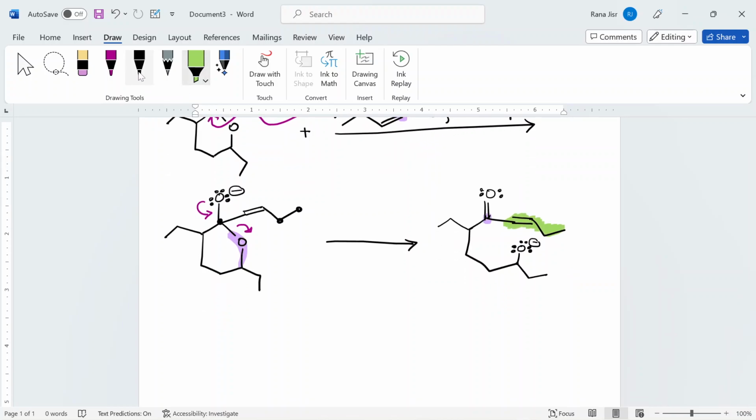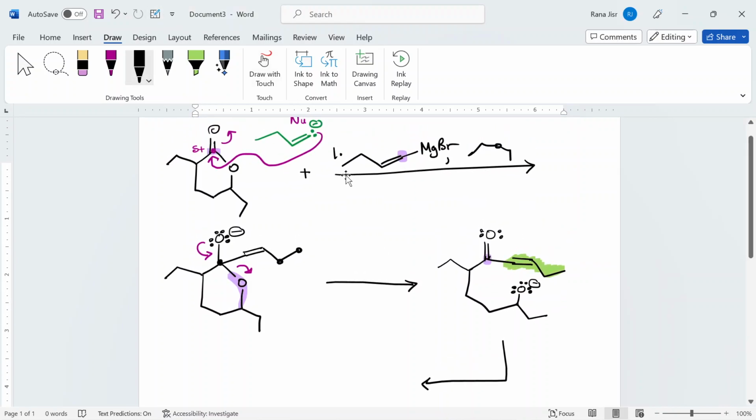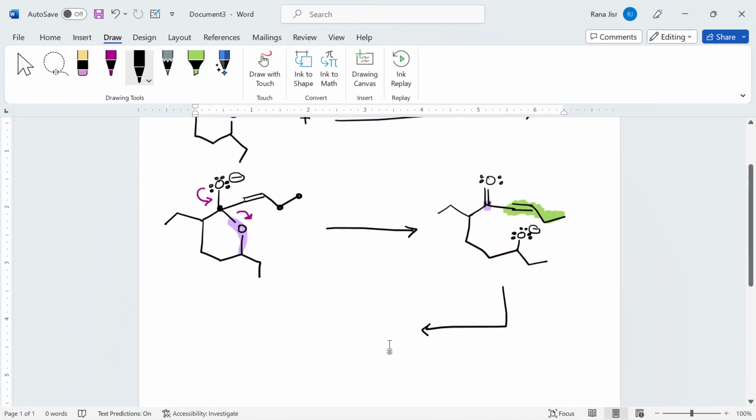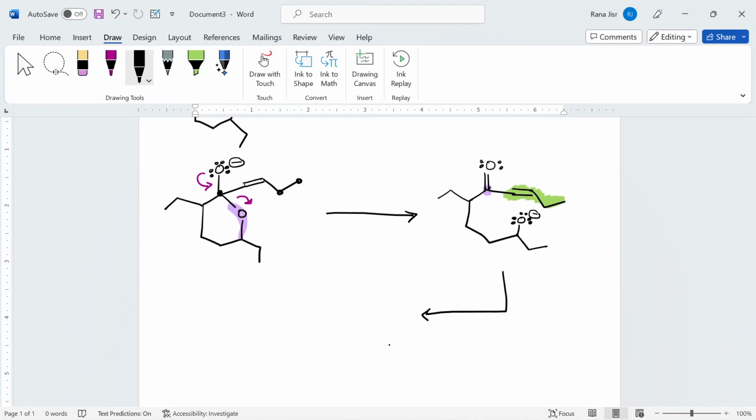So now I'm going to have another mole of the Grignard. So always you're going to assume that you are using excess of the Grignard with esters and acid chlorides. So this is going to be always an excess because whether it is in excess or not, the Grignard is going to keep attacking as long as there's a carbonyl in the solution. So we're going to end up having another mole of that Grignard in there.